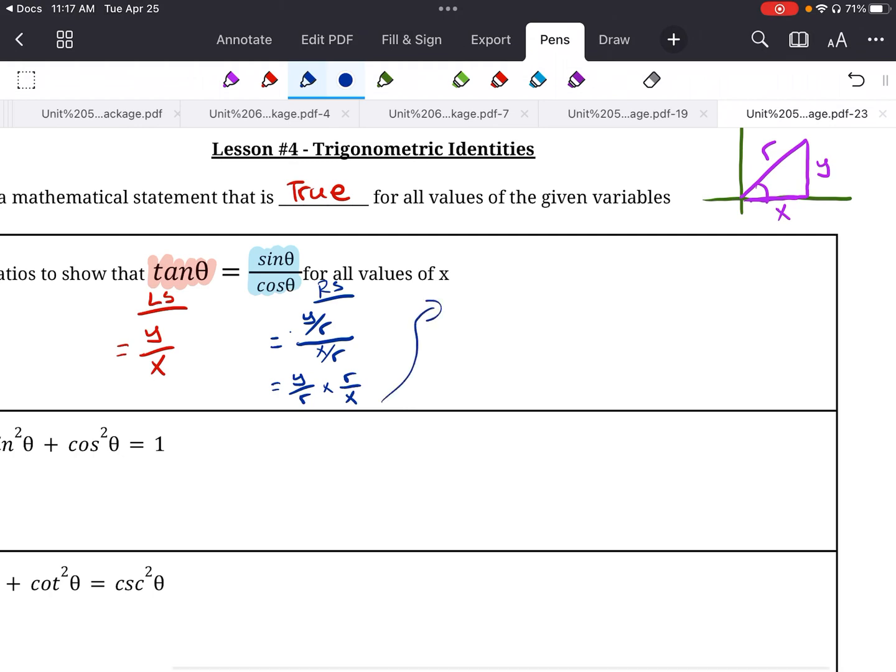Okay, and if we multiply these out, we get yr over xr. And since we have common values on the numerator and denominator, we can cross out the r's, and we end up with y over x, which, as you can see, is the same as our left side. So this works.